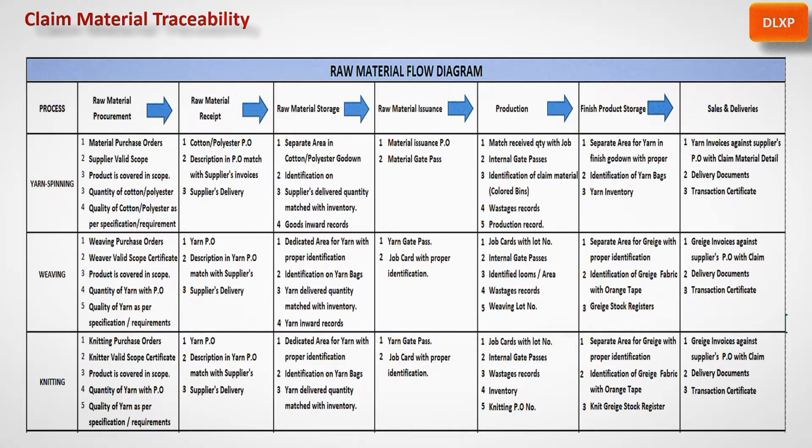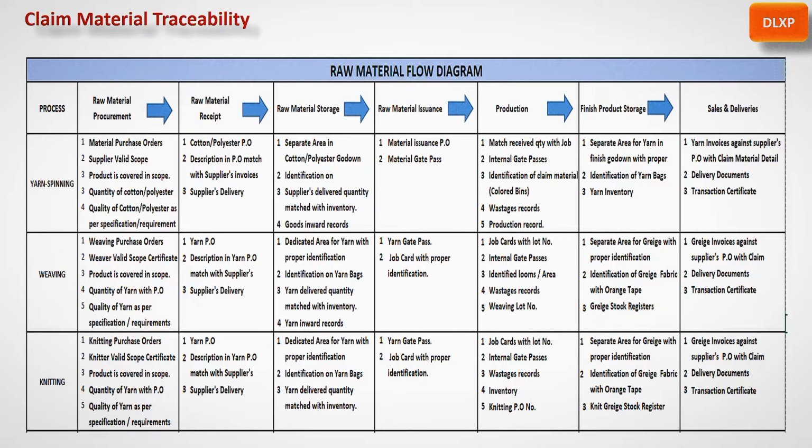Third stage, the raw material storage. Here we need dedicated storage areas which should be properly identified. For instance, when you receive the cotton or the polyester in godowns, definitely we have a dedicated area in the godowns, and it should be properly identified. As per previous slides, we understand that each and every lot, each and every batch, or you can say the bale, should be identified with a unique lot number.